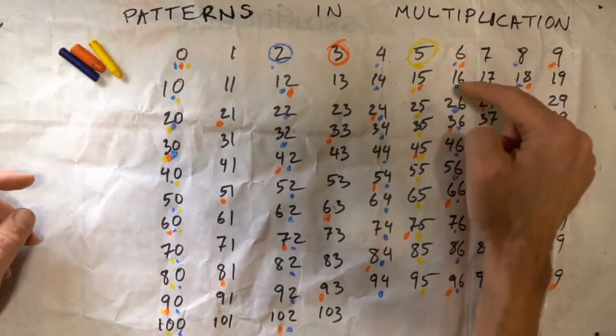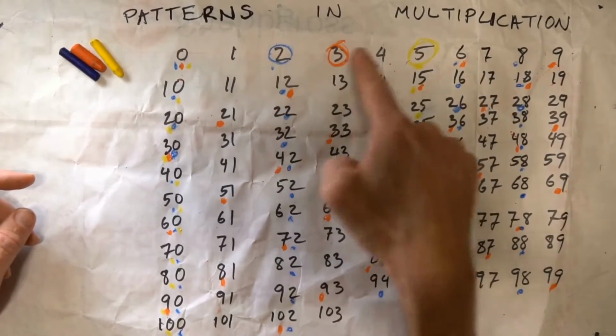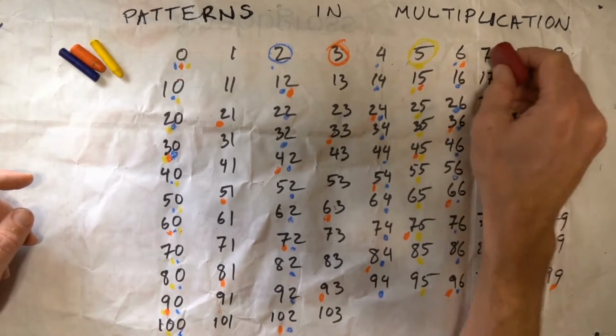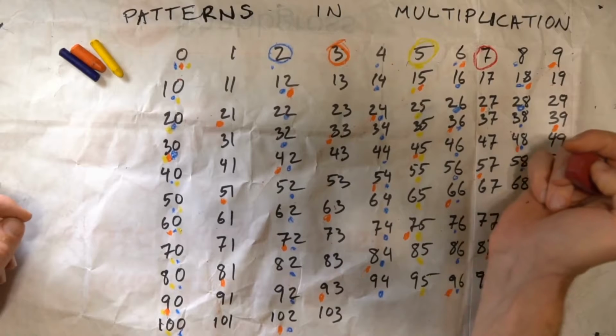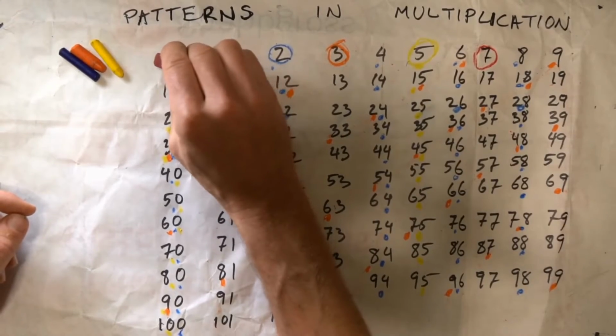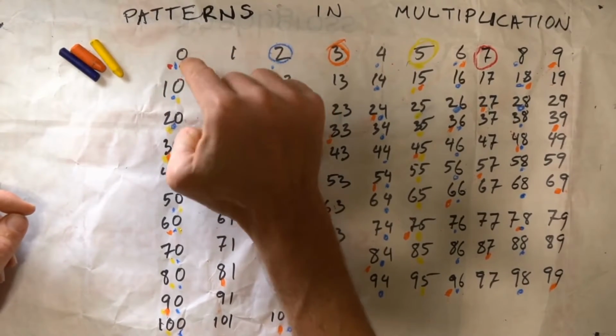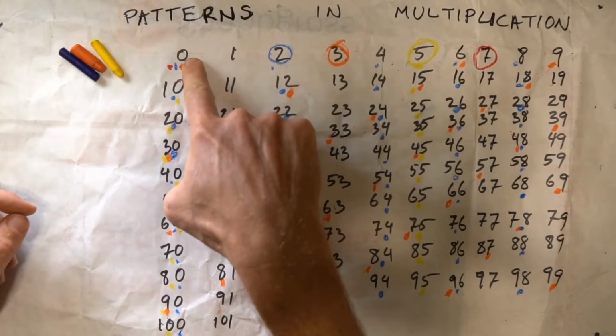We have 6 already taken, because 3 times 2 is 6, and you see that here by the dots. The next one that hasn't been marked yet is the 7. No one has landed on the 7. Okay, we mark 7 times 0 is 0.